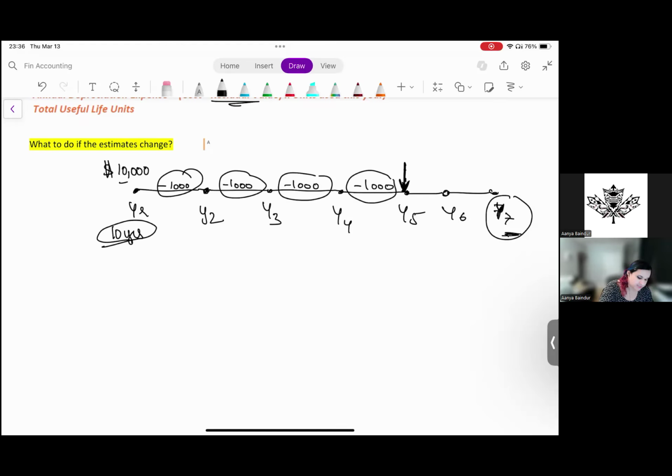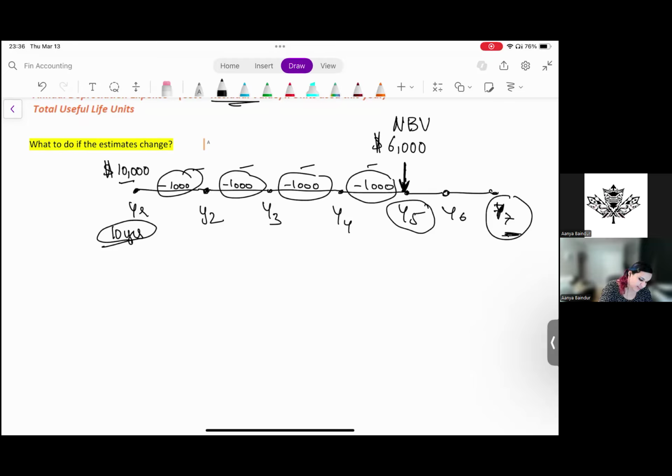Since we had a starting value of 10,000 and we've depreciated it 4 times by 1,000, that means there's been $4,000 worth of depreciation. So now the value has gone down from 10,000 to $6,000, right? This is our net book value. This is currently how much our books tell us that equipment is worth.